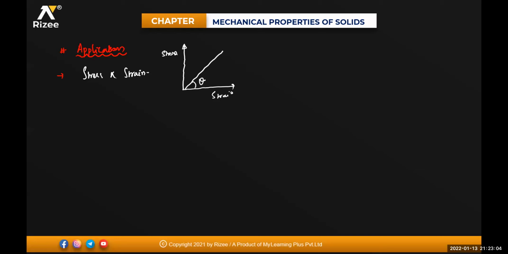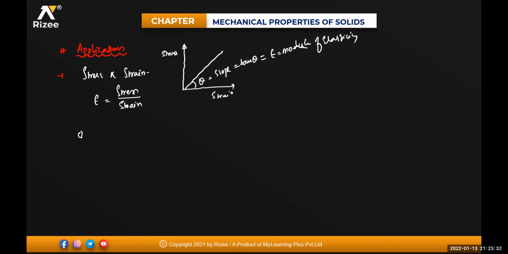That gives me the slope theta. This slope is nothing but tan theta, and tan theta is equal to E, which is known as the modulus of elasticity. So stress directly proportional to strain always gives the modulus of elasticity. That means E is equal to stress divided by strain.